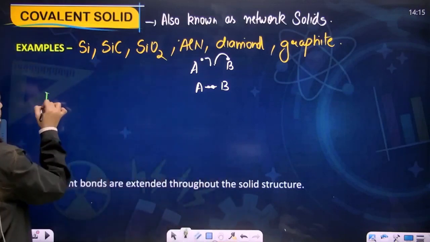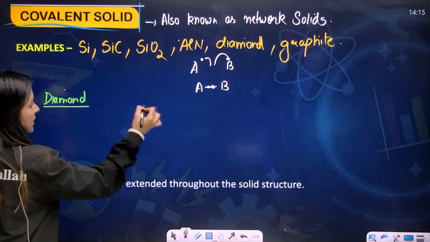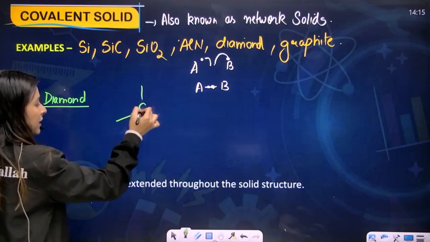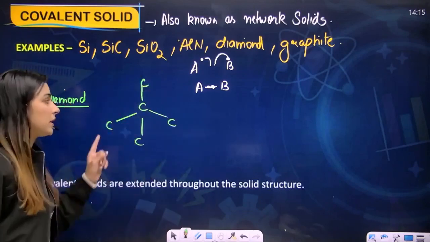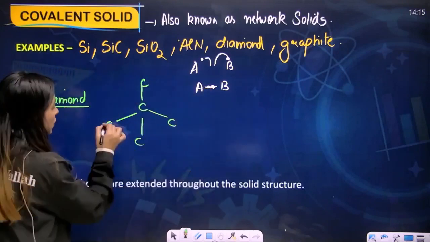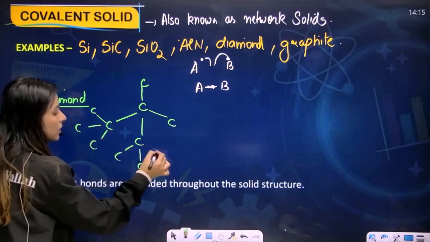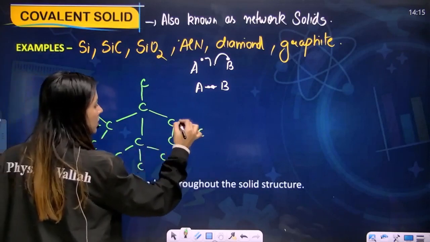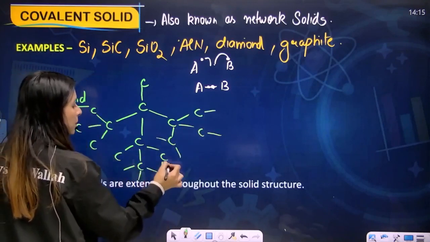You have carbon present here. It is tetrahedrally bonded to 4 other carbons. Now each carbon in this will be tetrahedrally bonded to others, right? So here you will have carbon, carbon here, carbon here, and this also goes on.